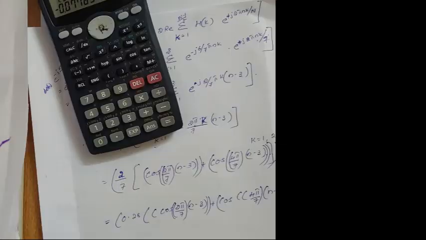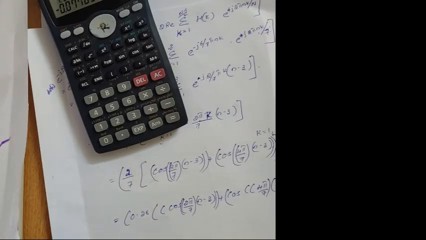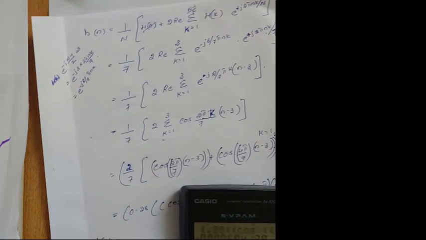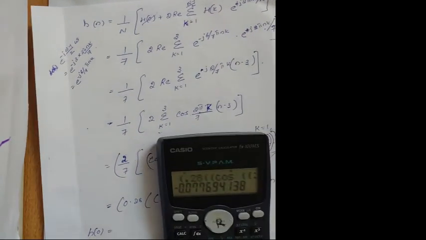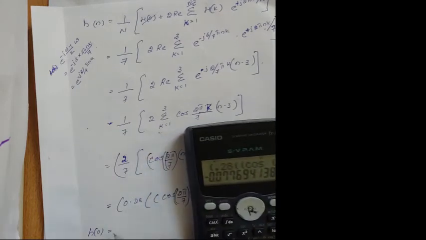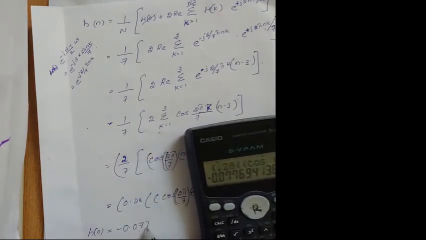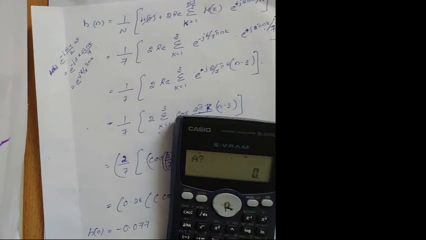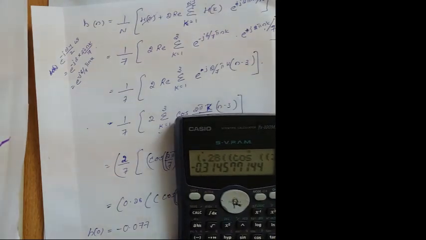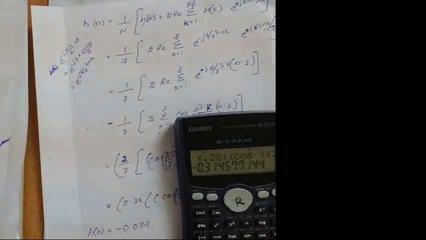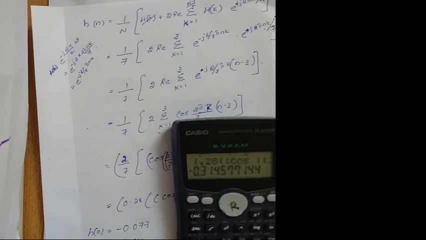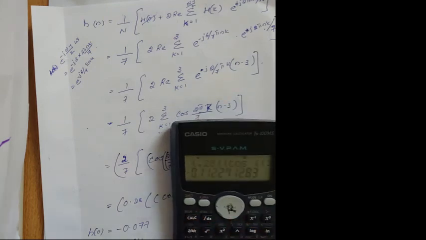So you will get h of 0, when you give calc 0, equal to minus 0.077. So minus 0.077.